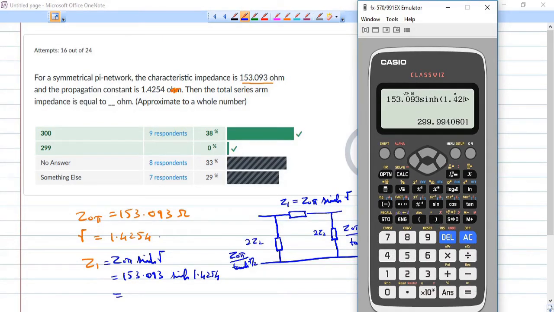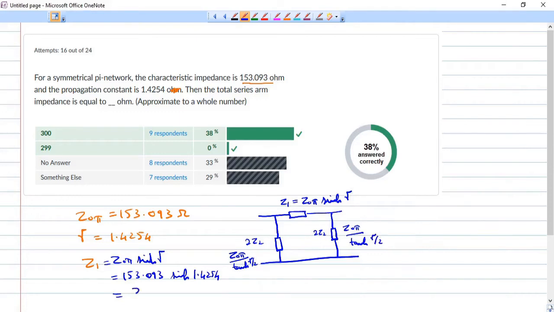So that is equal to 299.99. So approximating to a whole number, that should be equal to 300 ohm. So that is our answer.